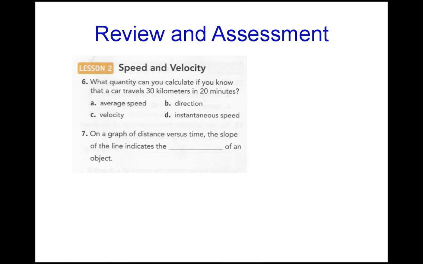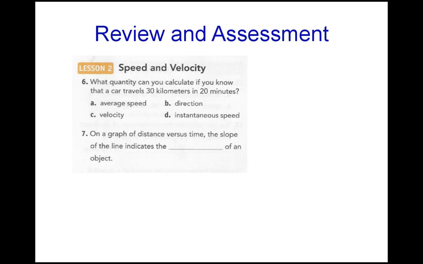Speed and velocity. What quantity can you calculate if you know that a car travels 30 kilometers in 20 minutes? So John, 30 kilometers means what? Okay, that's right, it's distance. And how about 20 minutes? That is denoting what? Jacob? Yes, time.